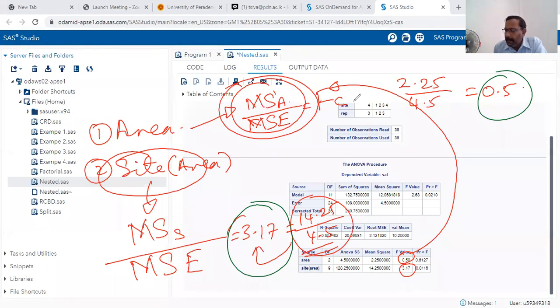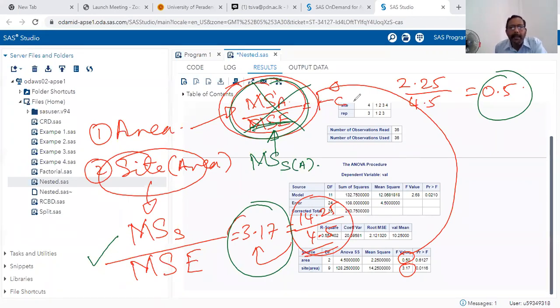Site calculation, we can accept, right? Site calculation is correct. The area calculation is wrong. Why? Because the error mean square should be replaced by the mean square of site within area.